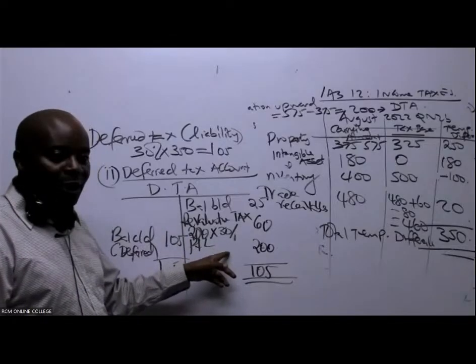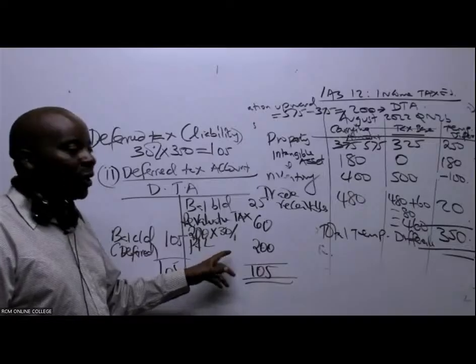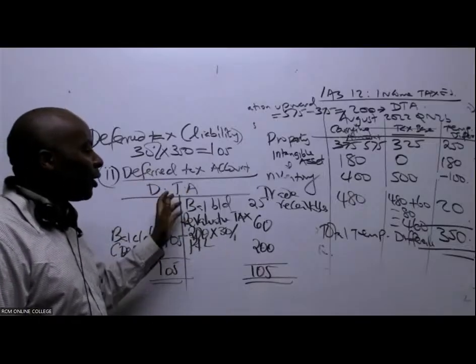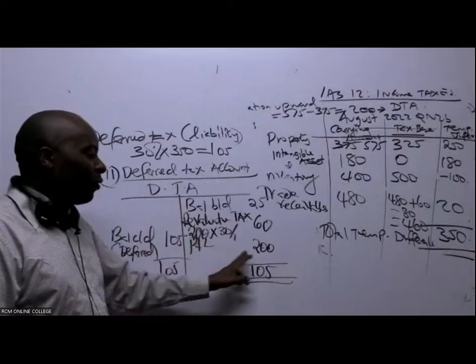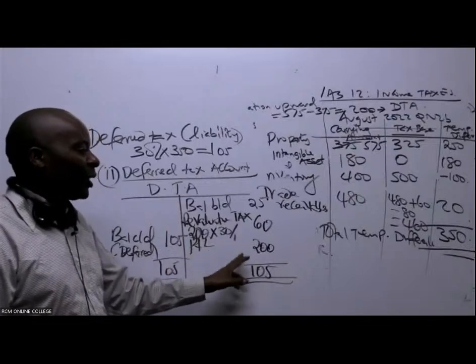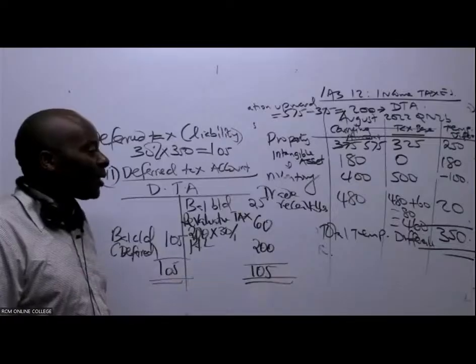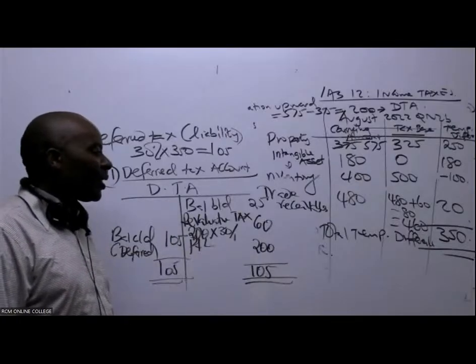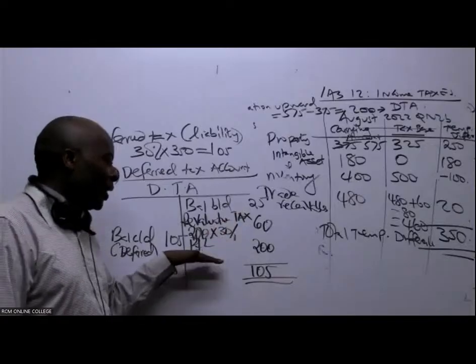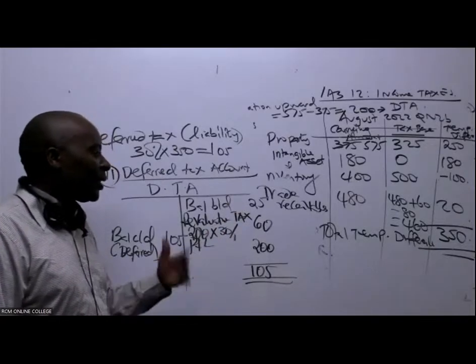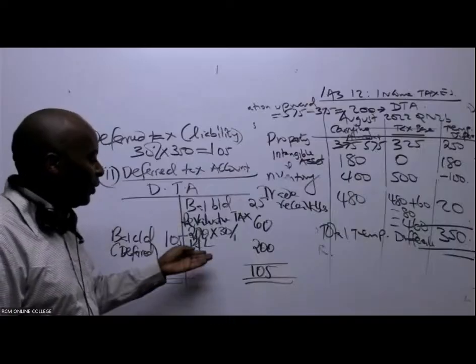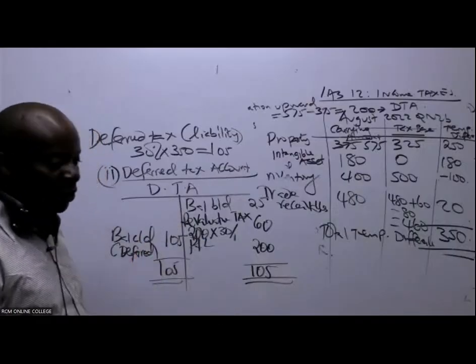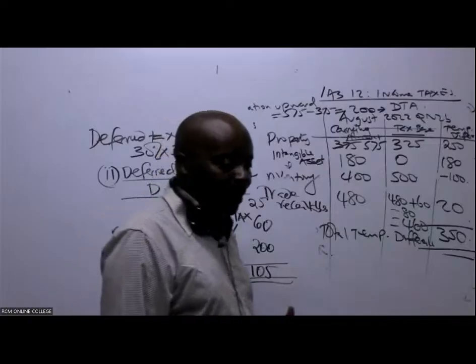Balance carried down goes here. So if it was to be an asset, we do it the opposite. So balance carried down would have been on this side. Quite funny, but it happens. You'll also be able to get these kinds of things in your exams, where you have a liability, but at the end of the day, you have, in this case, an asset. So you simply balance your accounts even if it's coming there.